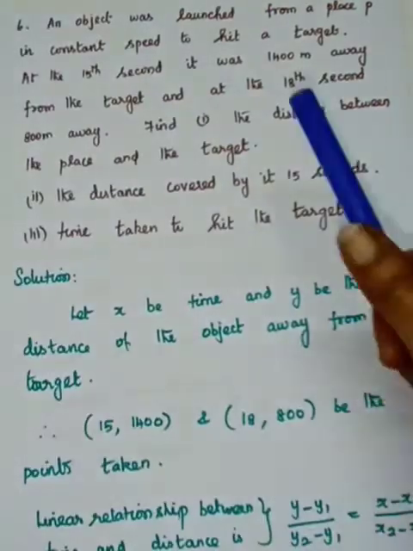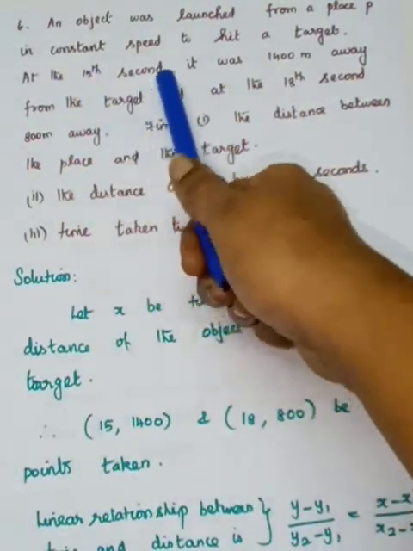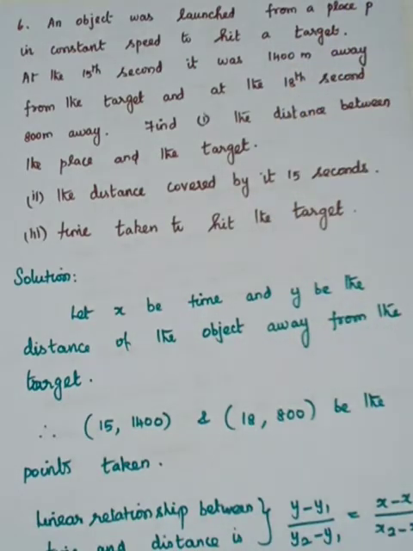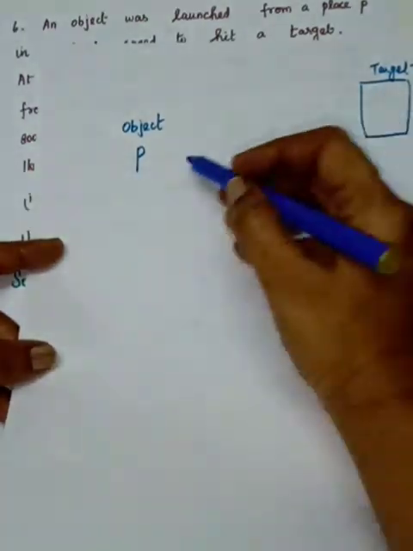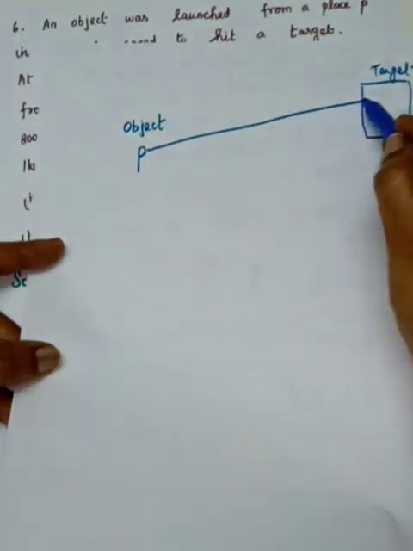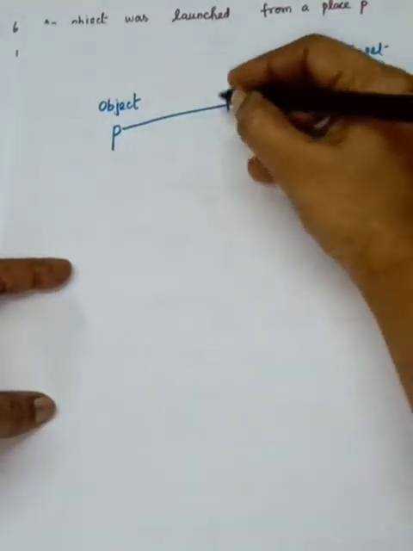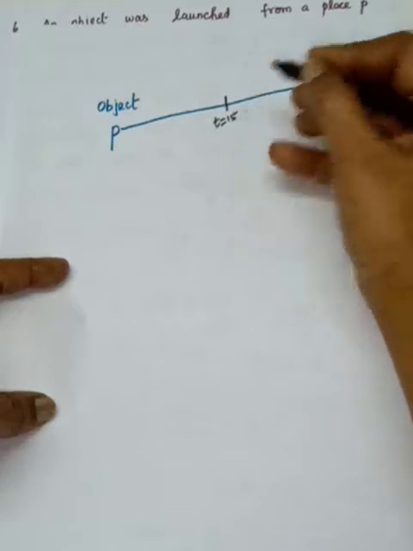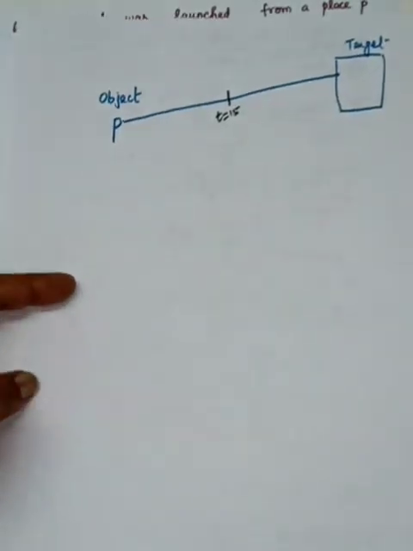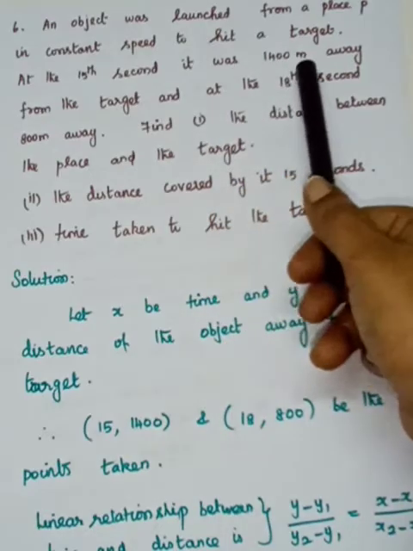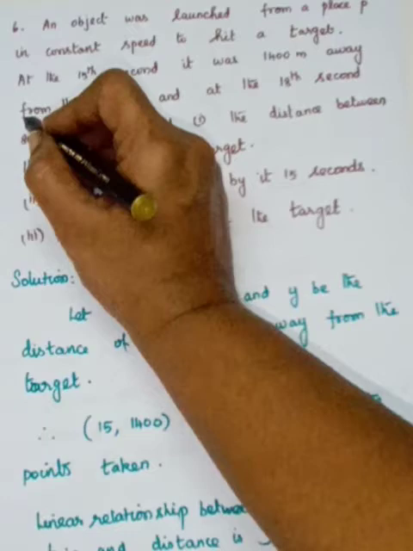So see now, at the 15th second, it was 1400 meters away from the target. This is the distance from the object to the target. So we'll go for the 15th second, so this is t equals 15. At the 15th second, what is given? The object was 1400 meters away from the target.